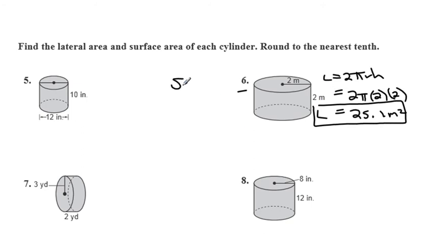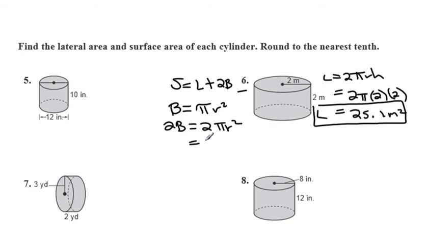My total surface area is to take my lateral area and add to it the area of the 2 bases. Well, the area of one base is pi r squared. The area of 2 bases would be 2 pi r squared, which would be 2 times pi times the radius squared.